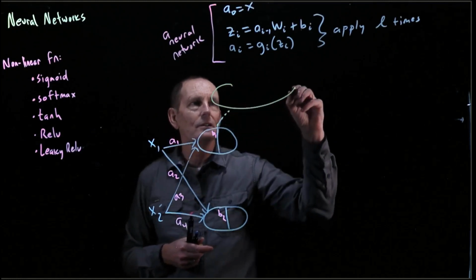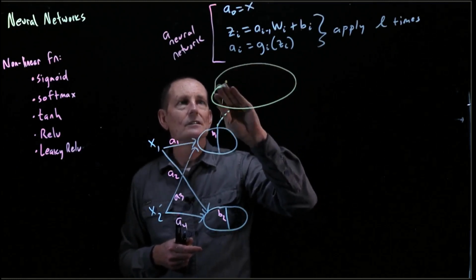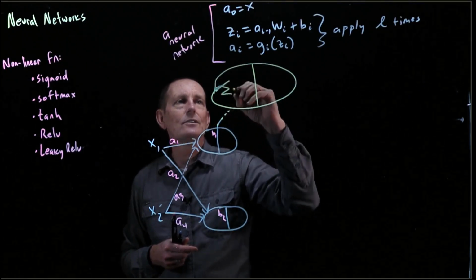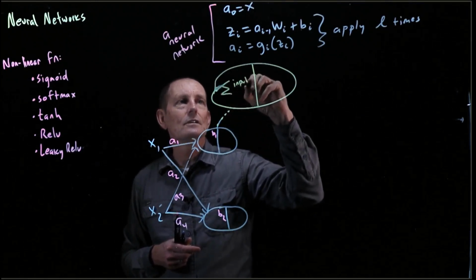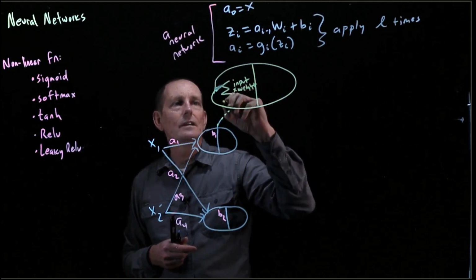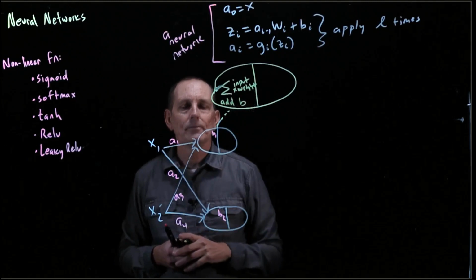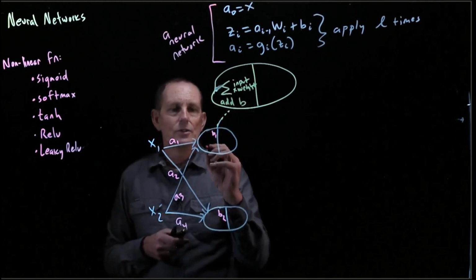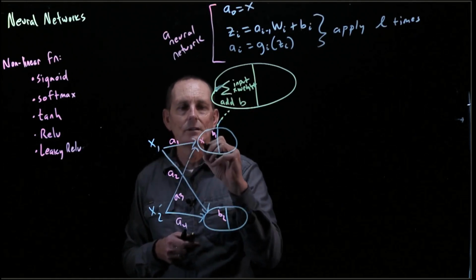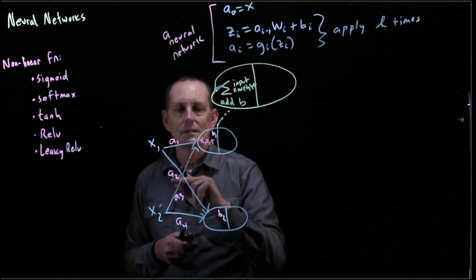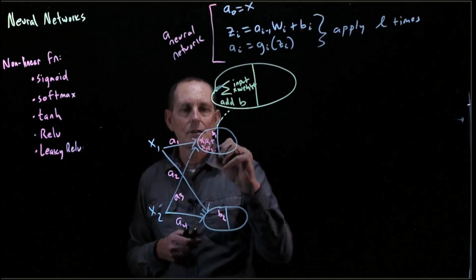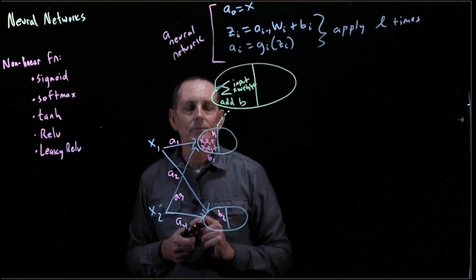So we're going to make this bigger. So we go ahead and sum together input times weight. And then we add B. So this is going to be calculating x1a1 plus x2a3 plus b1.